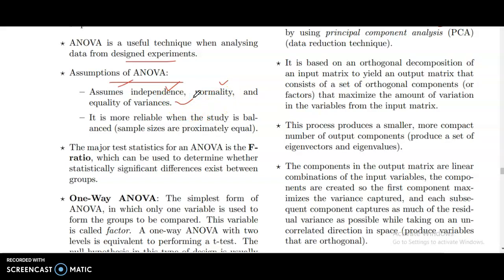It is more reliable when the study is balanced, with sample sizes approximately equal. The major test statistic for ANOVA is the F ratio, which can be used to determine whether statistically significant differences exist between groups.